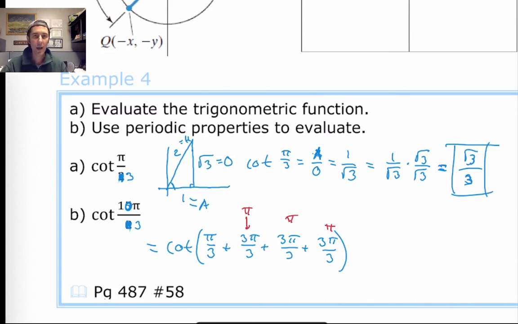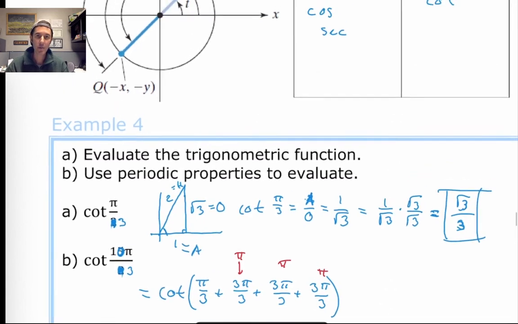We took the initial angle of pi over 3 and we added pi to it 3 times. I don't care if it's 3 times or 67 times or 2 times or negative 17 times or negative 1,000 times. We're adding in multiples of pi.